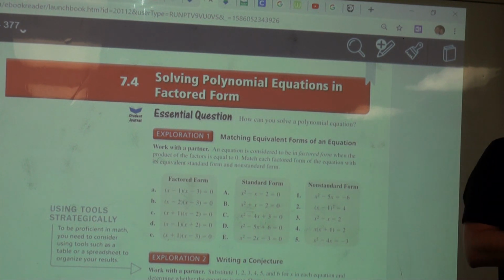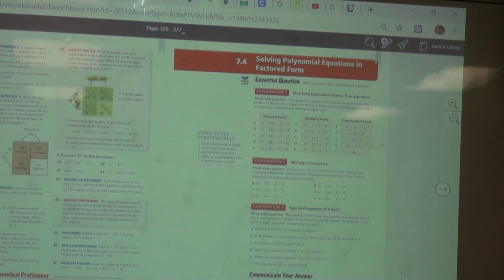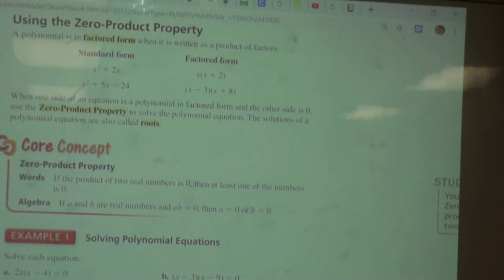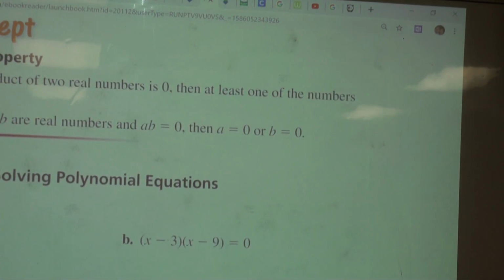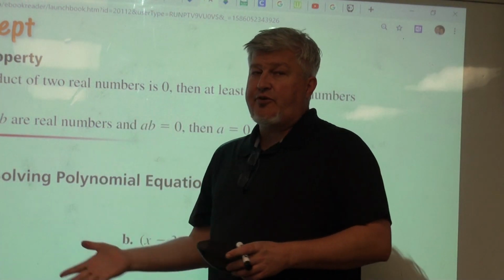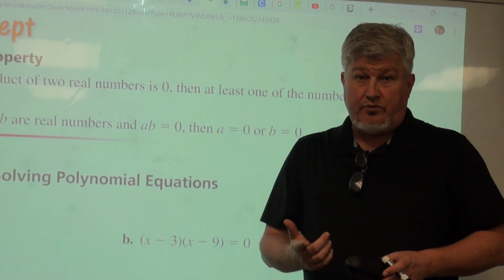All right, so solving polynomial equations in factored form. Page 377, now moving to page 378. Here's the core concept. If the product of two real numbers is 0, then at least one of the numbers is 0.